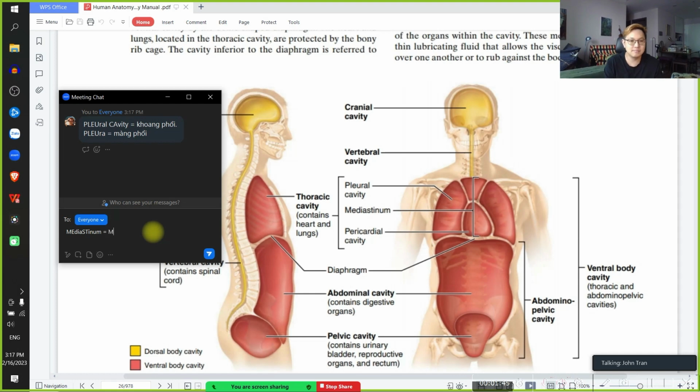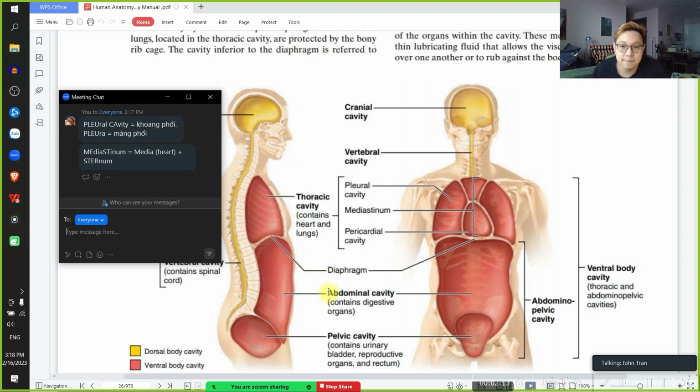Mediastinum is the media, is the heart, plus sternum. Nó là cái trái tim cộng với lại cái sternum là cái xương ức. So mediastinum, cái vùng đó, mediastinum. So here, mediastinum.